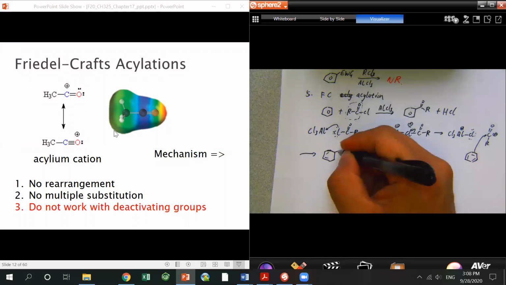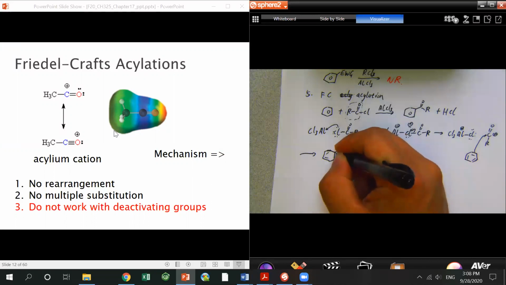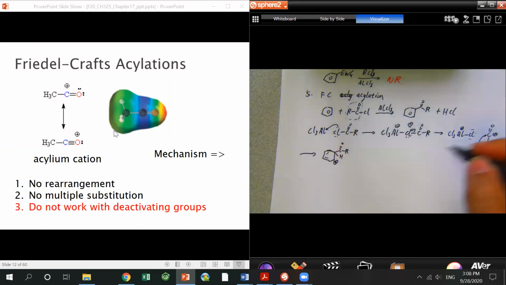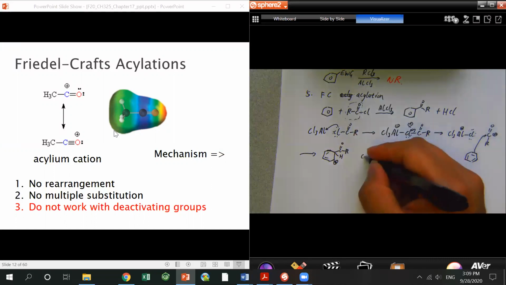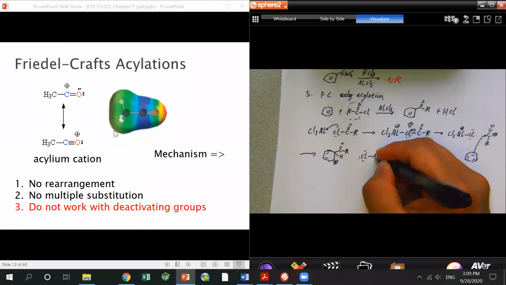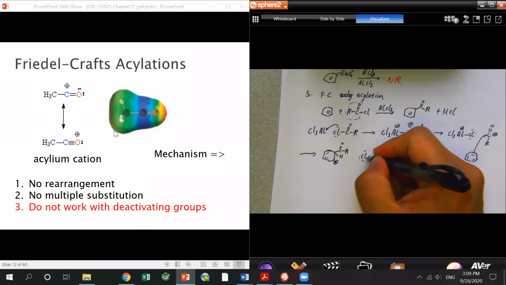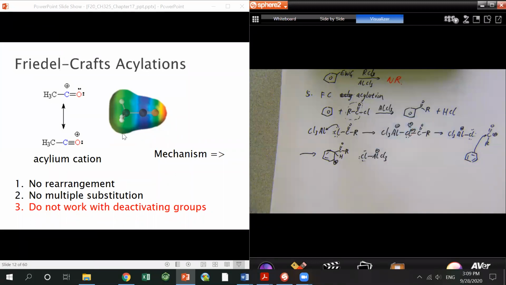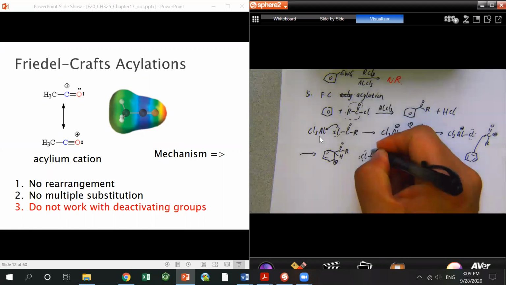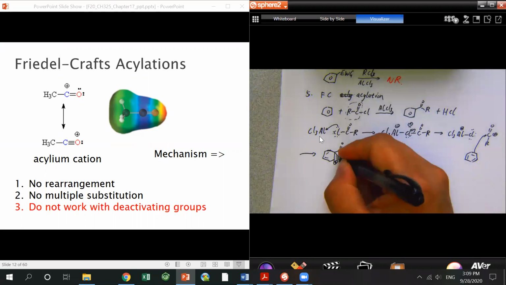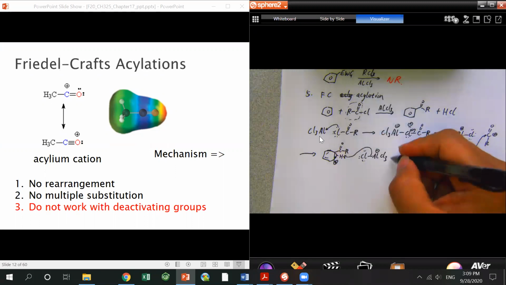I shifted the acyl to another part, and then the Cl-Al bond breaks up and picks up the hydrogen on the intermediate, and then goes back. That gives you the aromatic ring.